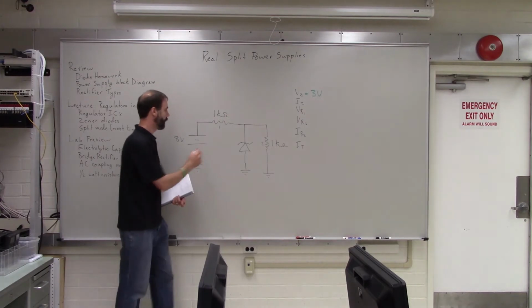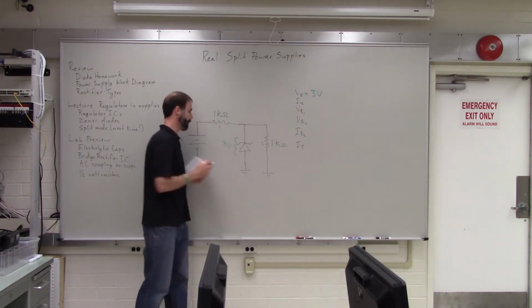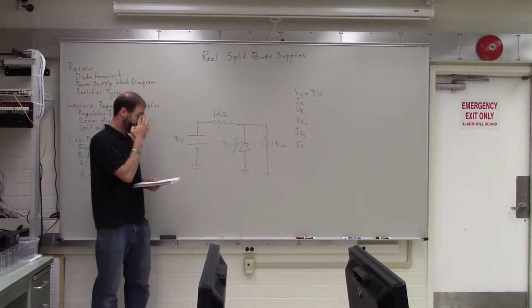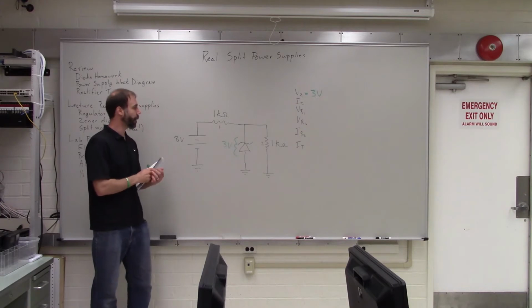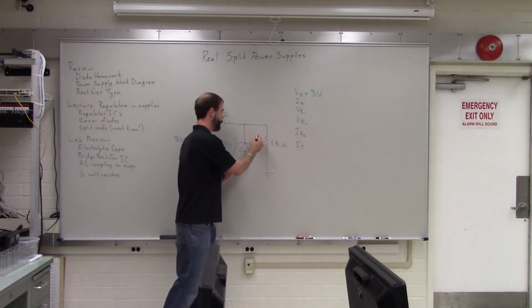All right. So, we've got 3 volts there. All right. So then, how much voltage do we have across this resistor?